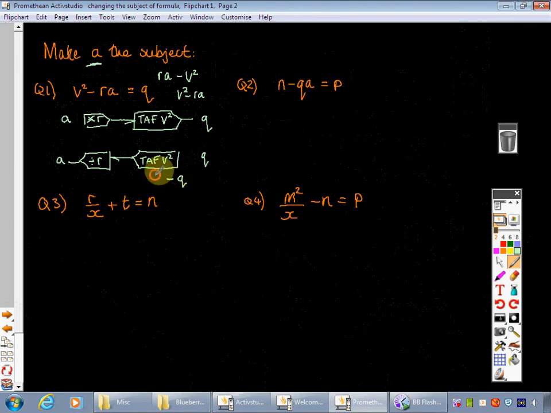So it's V squared minus Q. And then we've got to divide by R. Divide by R. And that equals A. Done. So the take away from function is a self-inverse. It means that if you've written take away from here, you just write it down there.